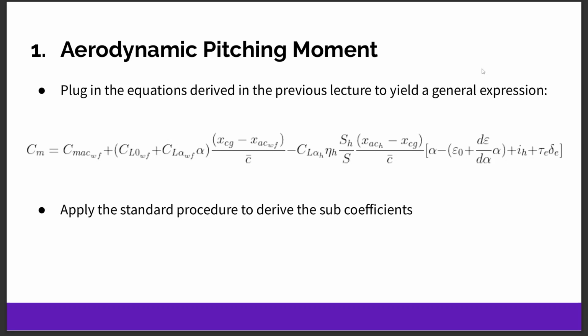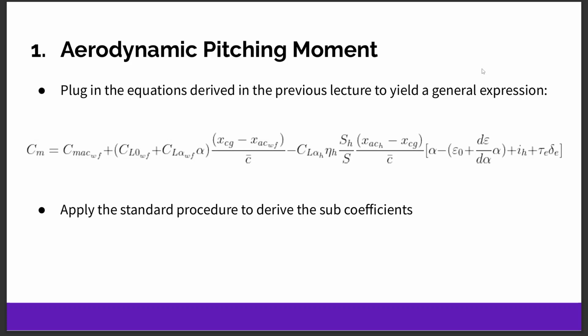And in this case, we assume the incidence of the main wing to be equal to 0. So alpha of the main wing is equal to alpha. And the book assumes that CL0 of the horizontal stabilizer is equal to 0. And for that reason, it doesn't show up in this equation, and we'll assume that to be true.